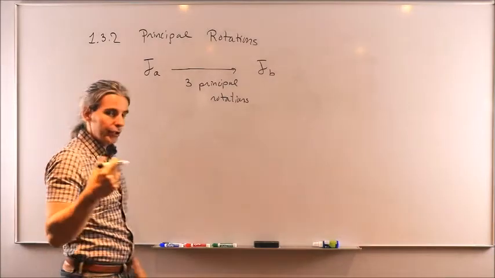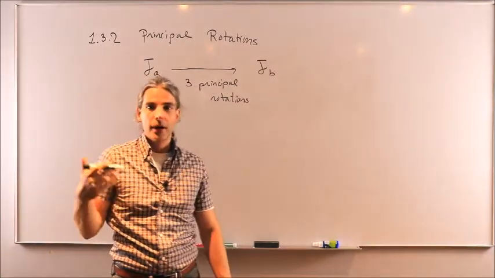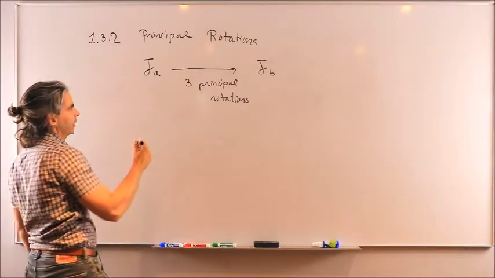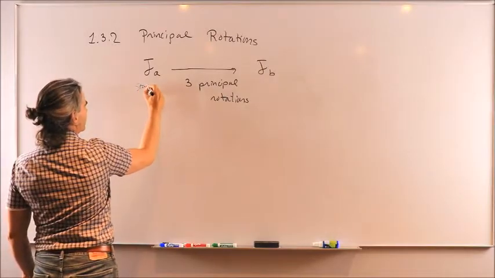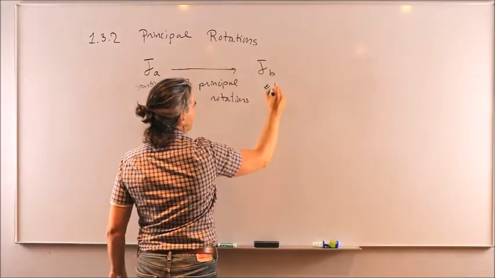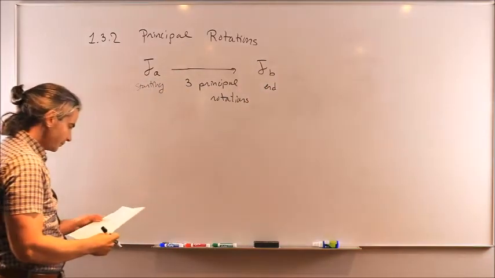Well, to do that, you need to know the order about which you rotate to go from A to B, okay? So that is the starting reference frame, and that is the end reference frame.